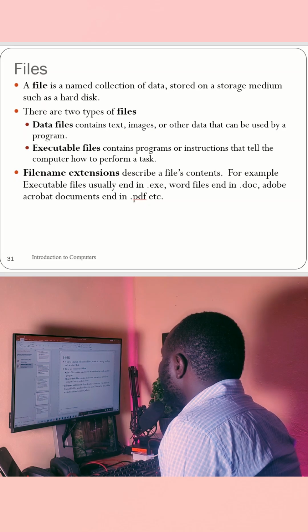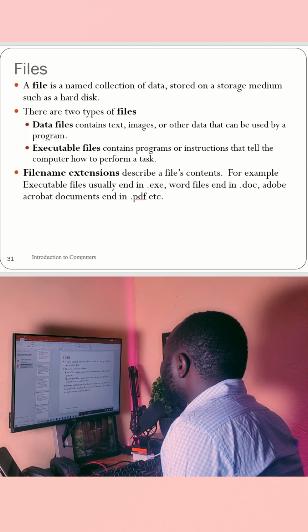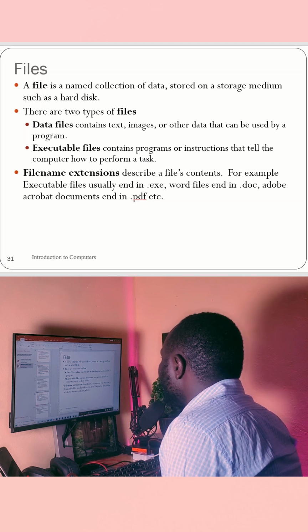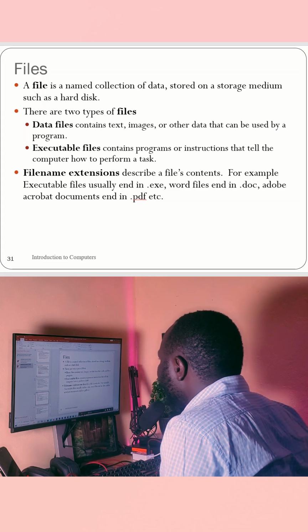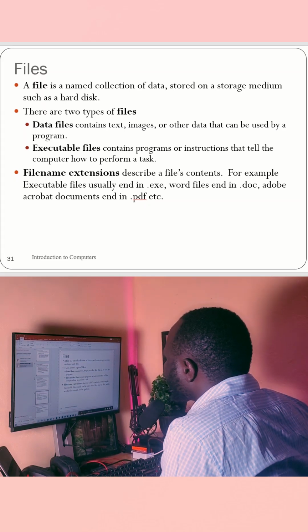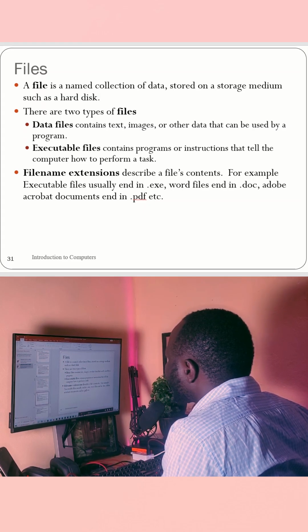A file name extension describes the file content. Yes, every file on your computer has a file extension, and this file extension describes the file content. An example is this: when you open Microsoft Word, you have documents that you have saved on your computer. When you open it, it will open with Microsoft Word automatically.